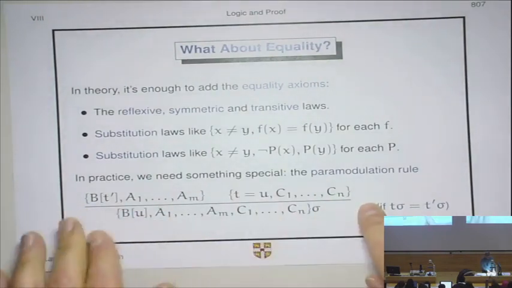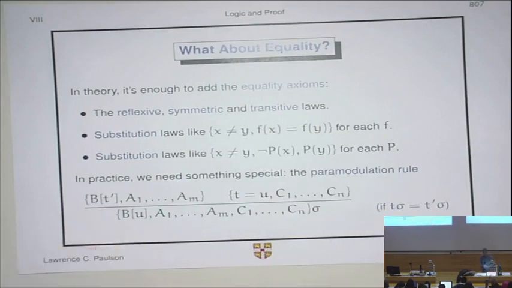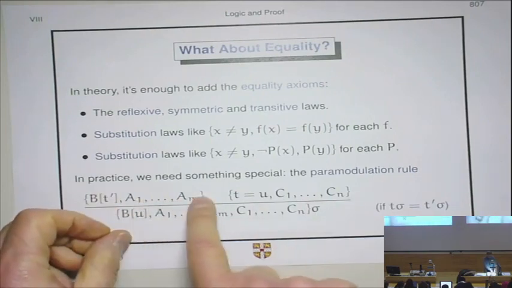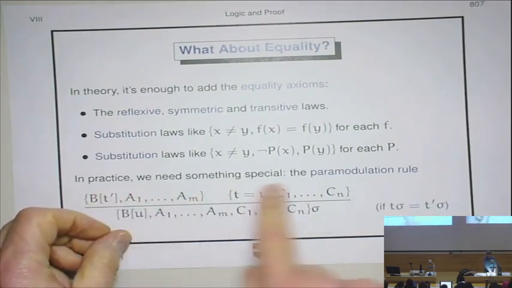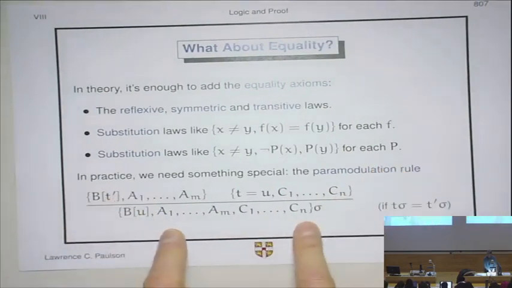Just to tell you what it is, for this we are extending our calculus with a third inference rule. And if you look at it, you can kind of figure out that it's something like resolution. So you've got, in particular, these side literals, the A's and the C's, which end up in the conclusion exactly like in resolution.